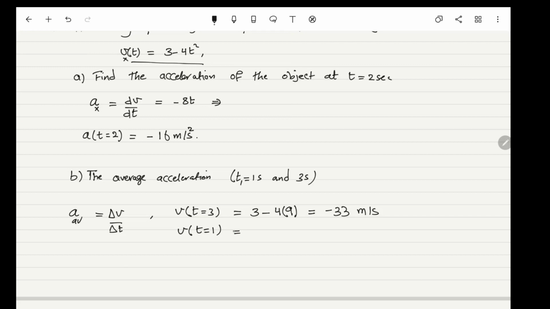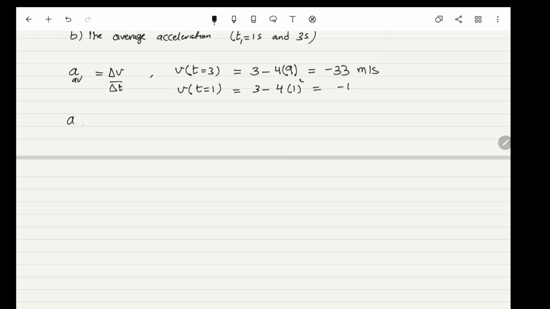And when t equals 1, it's 3 minus 4 times 1 squared, equal to minus 1. So the average acceleration equals minus 33 plus 1 divided by 3 minus 1, which equals minus 16 meters per second squared.